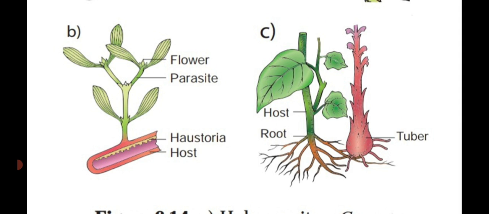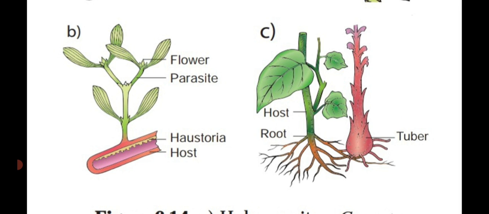So what will happen? This plant produces a special type of root known as the haustorial root. This haustorial root penetrates into the bark of a host plant and absorbs only water from the xylem components. By absorbing water and mineral salts from the xylem components, the plant prepares its own food material.